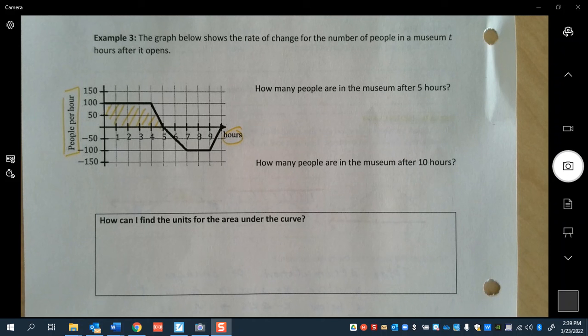So this is a weird concept of negative area because that represents the people that are leaving the museum. So at 8 hours after the museum opens, I have people leaving at a rate of 100 people per hour. At the end of the day, what I want to do is make sure that the same number of people that came in walked out.